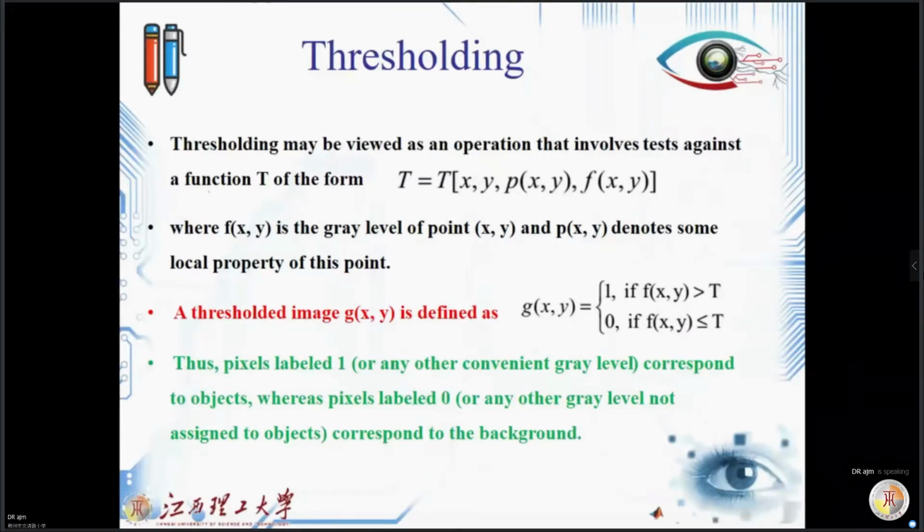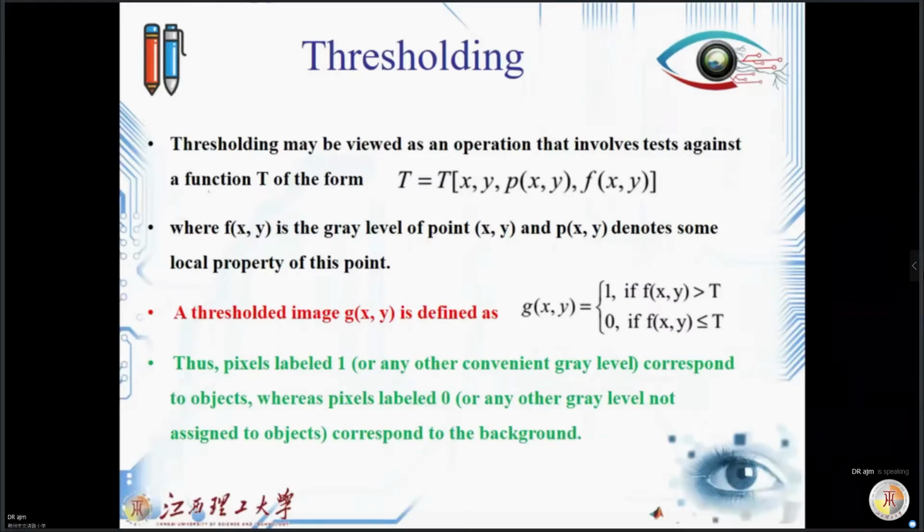That means the function that you implement based on some local property as well as the gray level of a point in the image can be performed as thresholding.